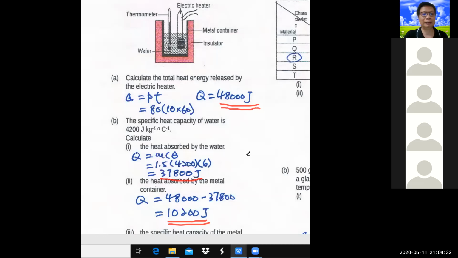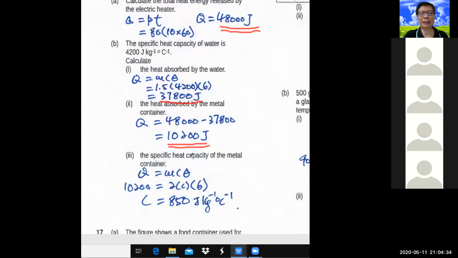All right, next. What is the specific capacity of metal? Okay, so use this formula, Q equals mcθ. Heat absorbed by metal is 10200. Mass is 2 kilograms. C, you are asked to find the metal container's C. Theta, the increase in temperature, is 6. Then you get 850 joule per kilogram per degree Celsius.